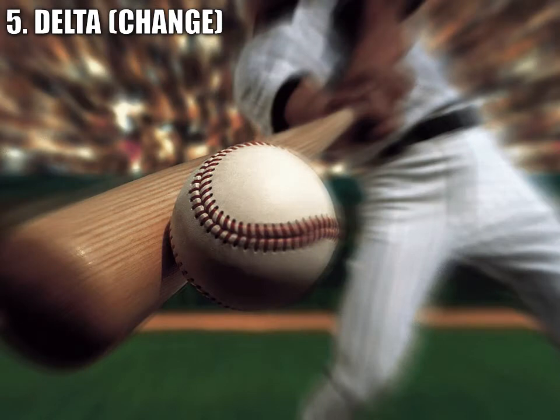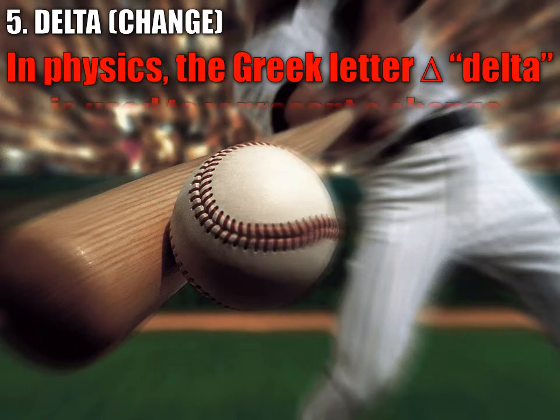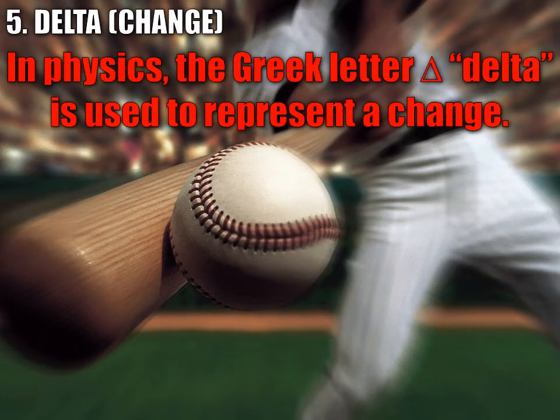So we just noticed that when a position of an object changes, the object is in motion. So realize that this concept of change is one of the most important concepts, not just in physics, but in all of science. And it's such an important concept that we give it its own symbol. So in physics, the Greek letter delta, that's a triangle, but it's actually the Greek letter delta, which is capital D in the Greek alphabet.